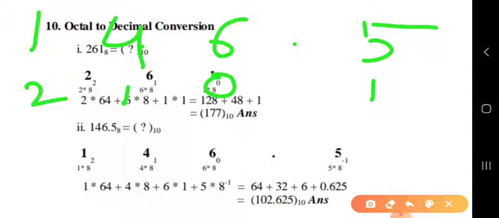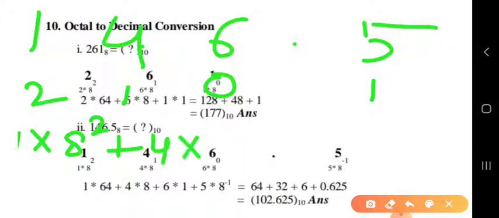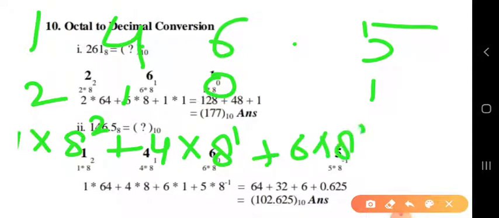Then the same thing I have to do: 1 into 8 to the power 2, plus 4 into 8 to the power 1, plus 6 into 8 to the power 0, plus 5 into 8 to the power minus 1.